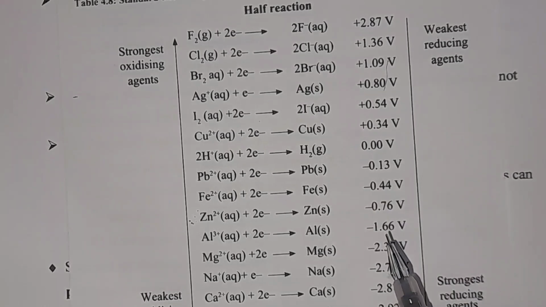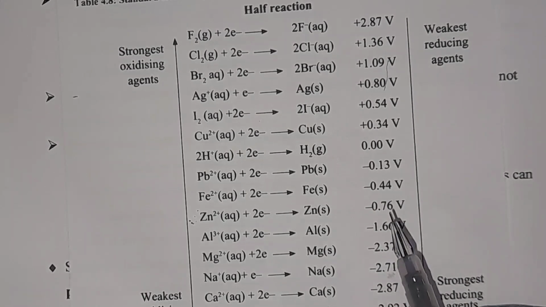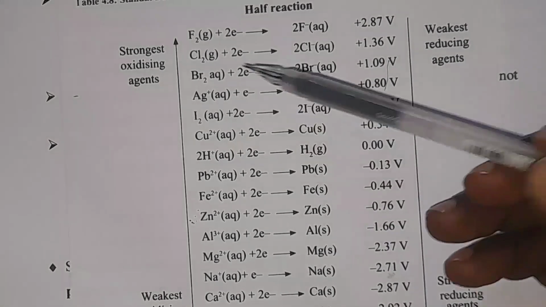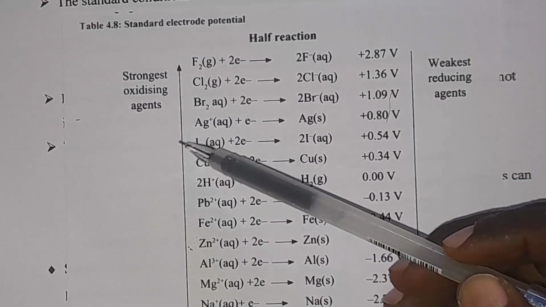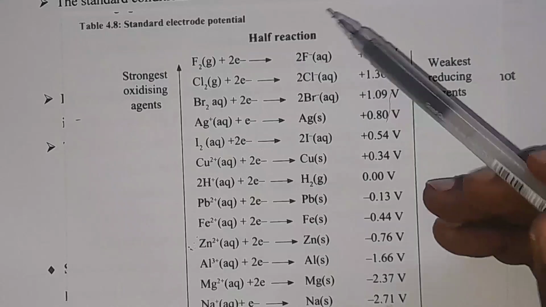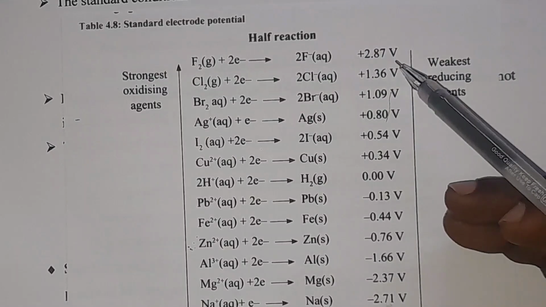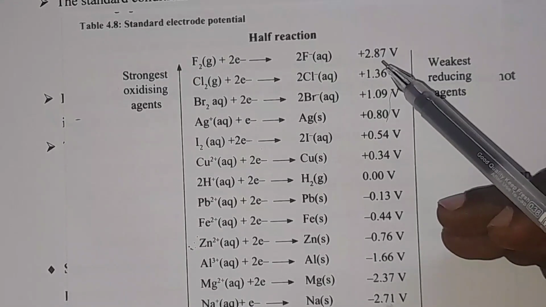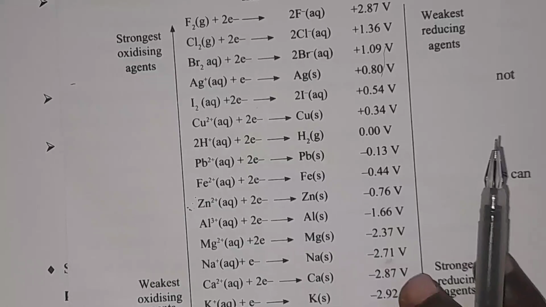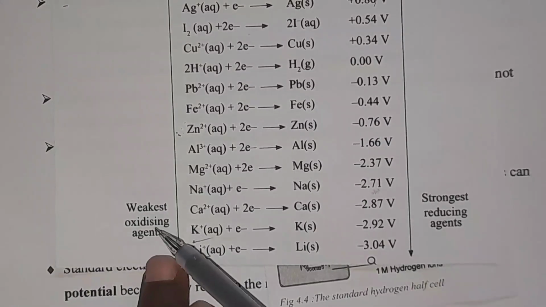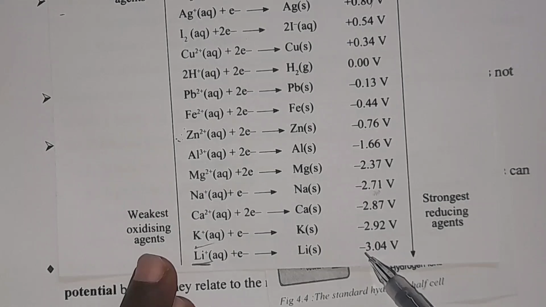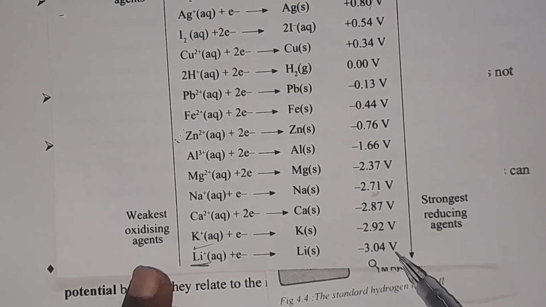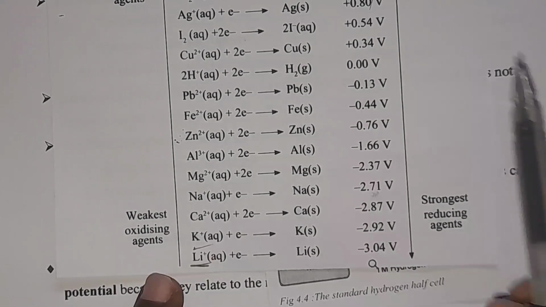The standard electrode potential is arranged so that the strongest oxidizing agent, like fluorine here, which has the most positive value, that's positive 2.87, is placed at the top of the list, and the weakest oxidizing agent, like lithium, with the most negative, that's negative 3.04, is placed at the bottom of the series.